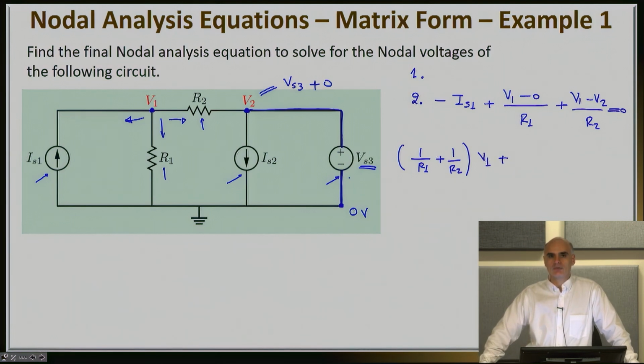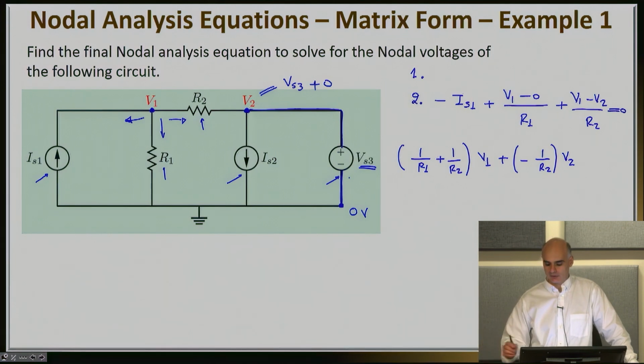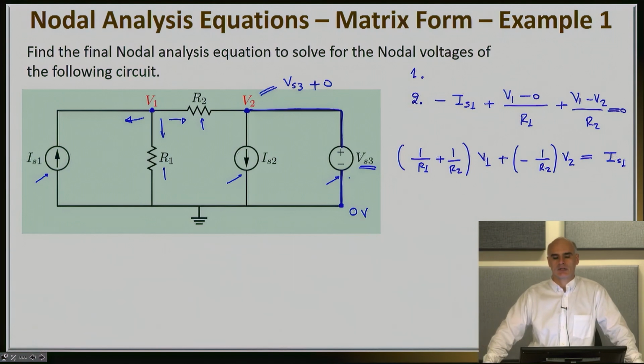Then I have a coefficient that multiplies V2. This is actually negative 1 over R2. And then I'm done with the unknown voltages, and I have basically IS1 on the right-hand side as my known current. So here's basically my first equation, rewritten closer to what I need for forming my matrix. So I'm done with node 1.